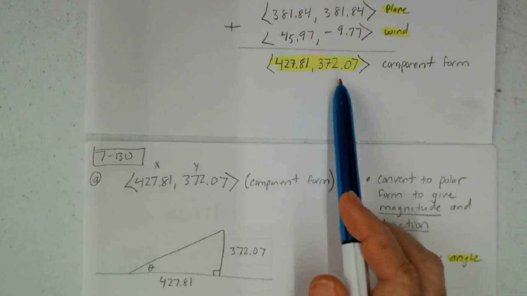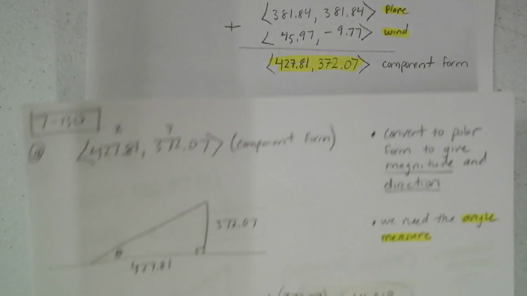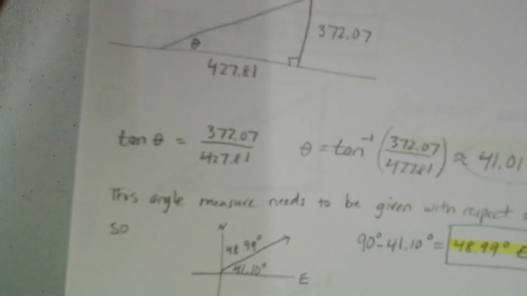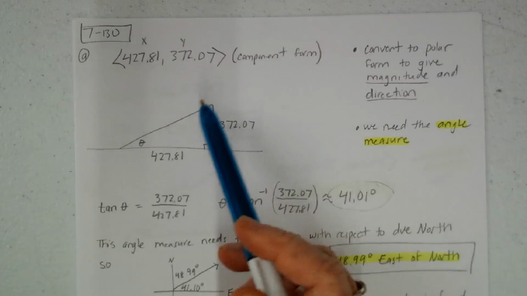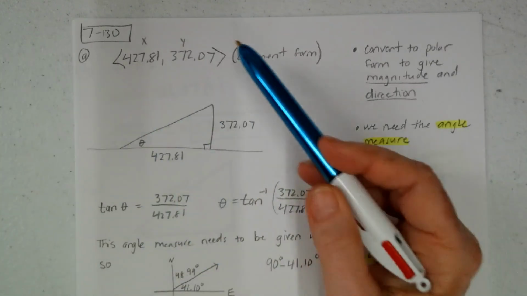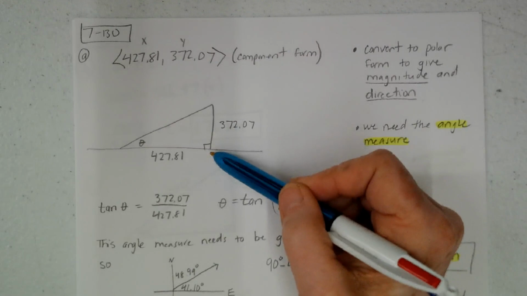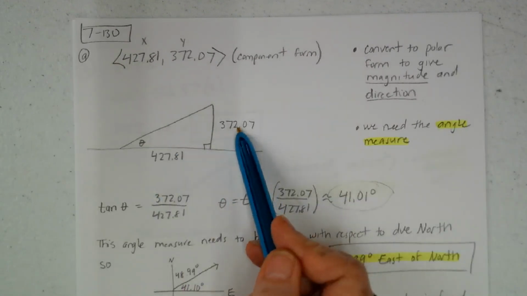So I just rewrote the component form here, and I'm going to go ahead and draw out the triangle. If its x component was that number, and the y is that number, I can figure out the angle using opposite over adjacent.